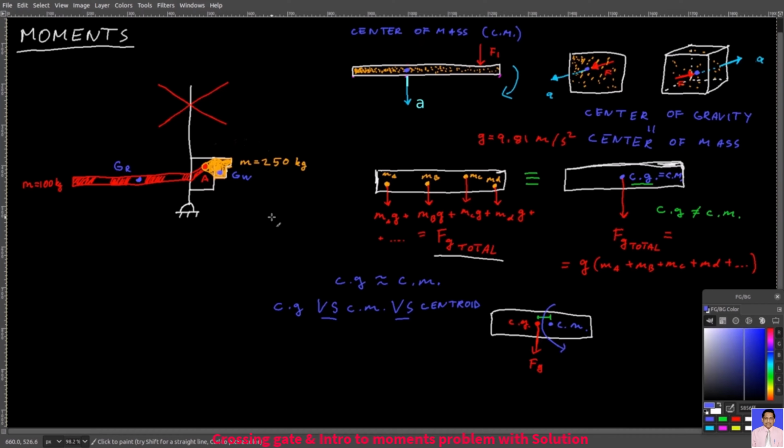And so that's why I tell you where the CMs of the crossing gate and the counterweight are.